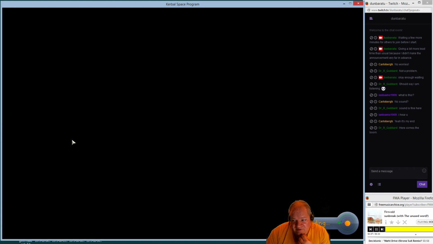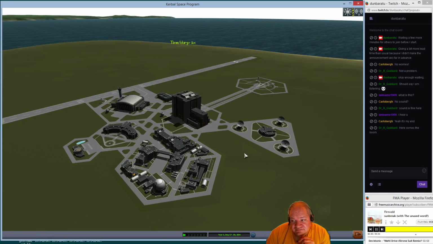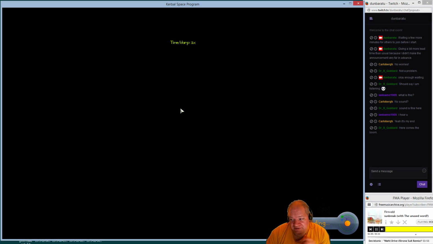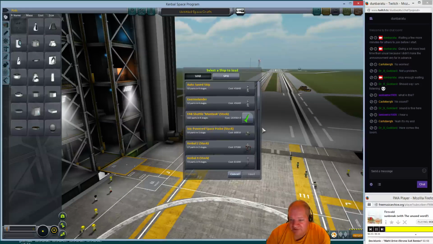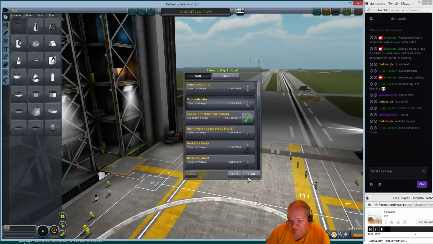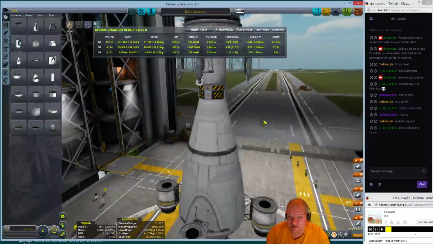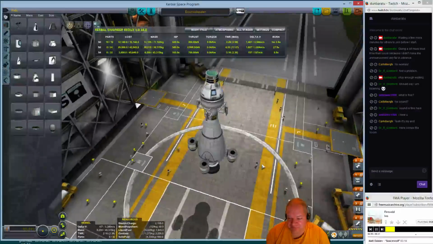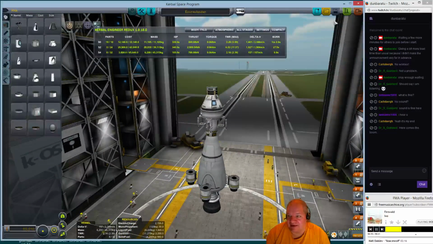As before, I'll be using a bit of cheating with HyperEdit to just put the ships out there to test this with. Always the fun way to do it. Unfortunately, if this doesn't work quite so well today, I won't have a lot of time to try it 20 different times, so I may end up leaving the Twitch stream with this still not working, which would be unfortunate, but that may happen.